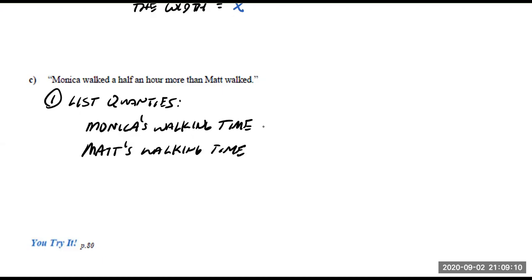So these are the quantities, and now I want to be able to read the relationship so I can come up with the algebraic expressions that define that relationship.